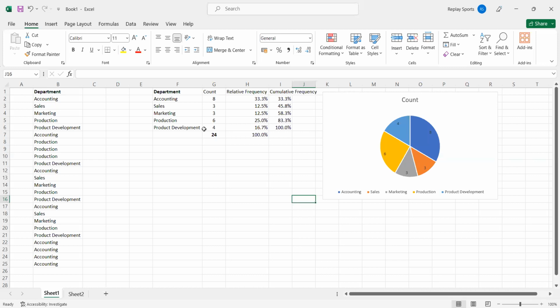That's what I'm saying, how do you know it's product development? Odd number. So see, median is done on numeric data.